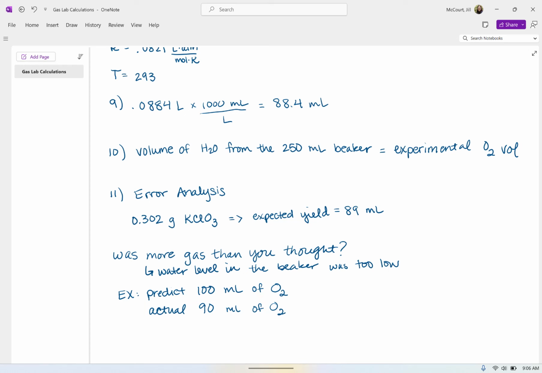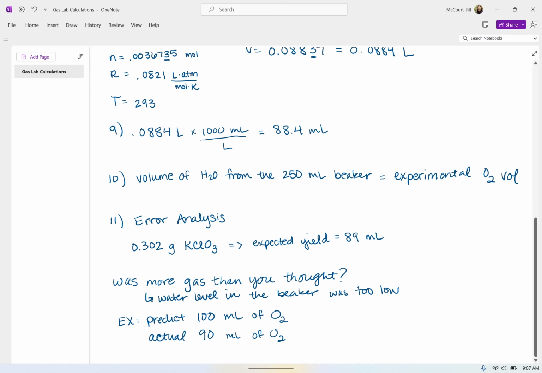But if your prediction was 90 and your actual was 100, then this wouldn't work anymore. And so you really need to think carefully about what the error would make your data look like.